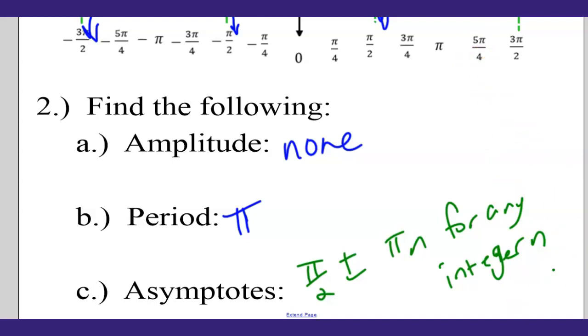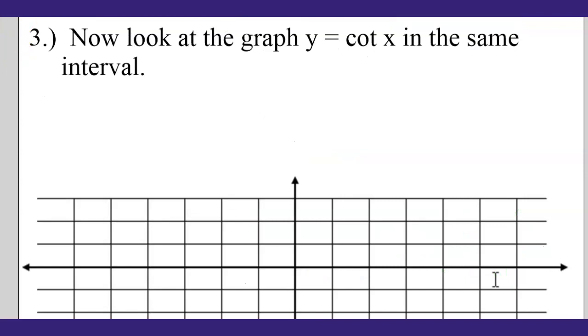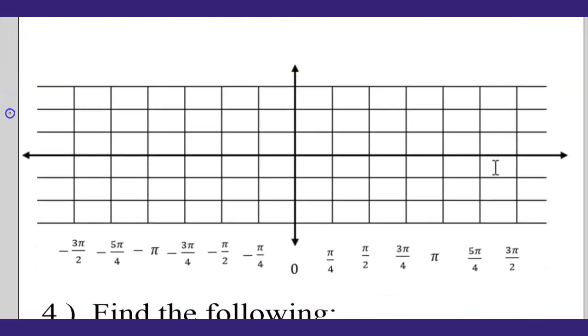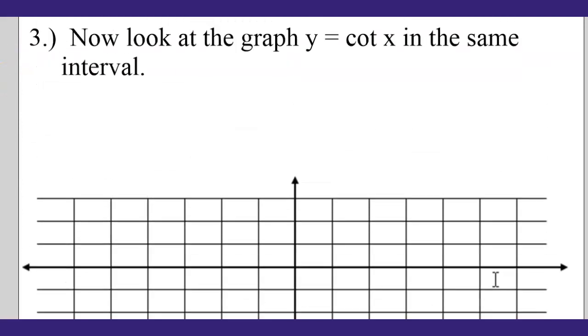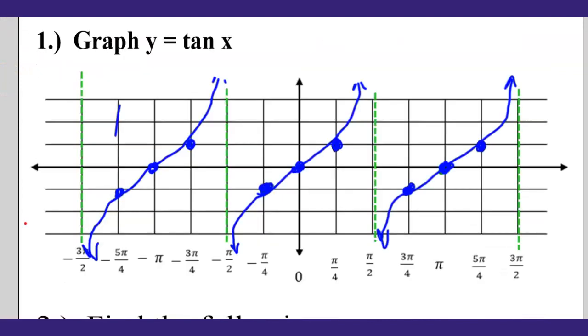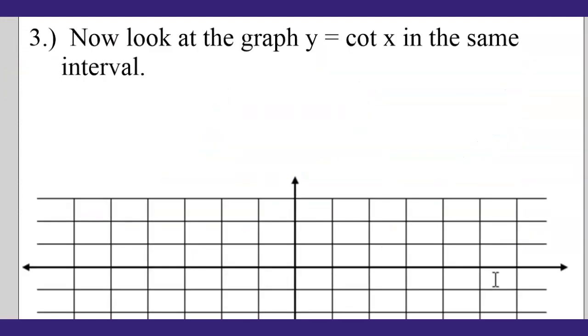Okay. Now we look at cotangent. Cotangent, on the other hand, is the inverse of sine. If we were to look at cotangent on the unit circle like we did earlier, and let's look at this one. 0 degrees, that point is 1, 0.